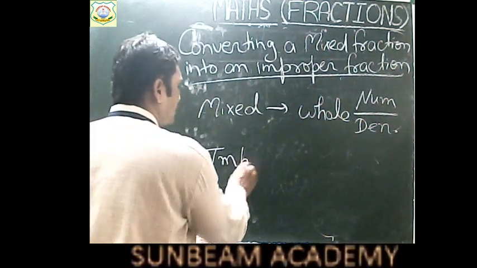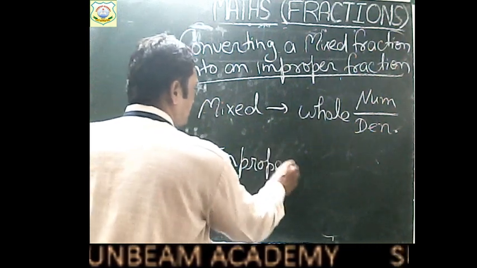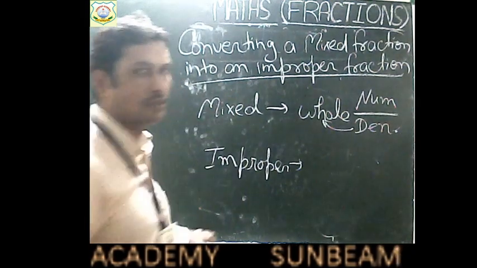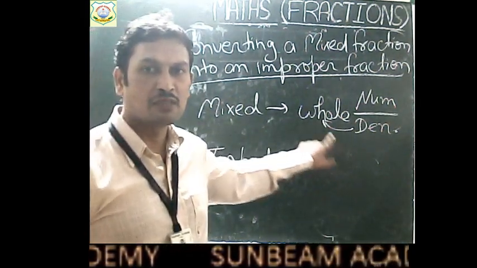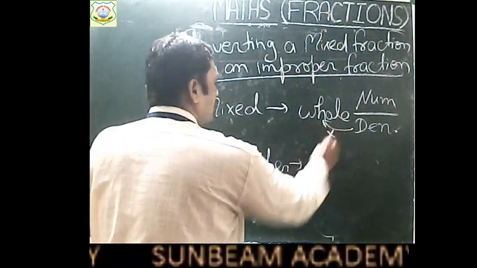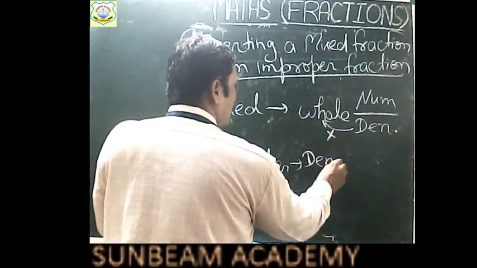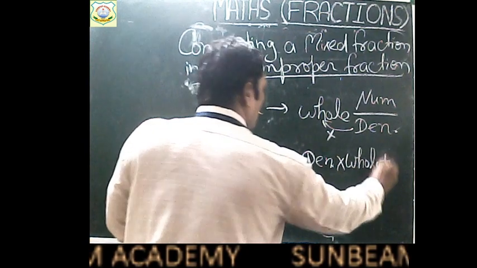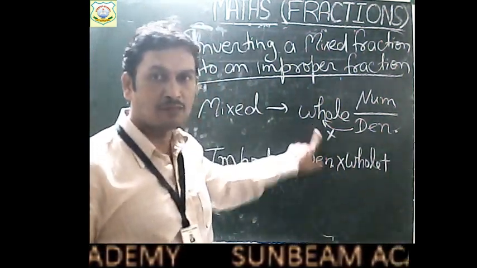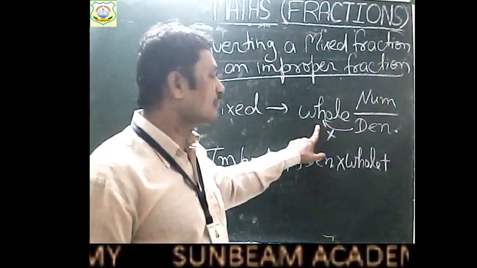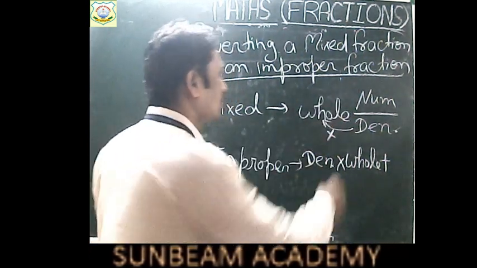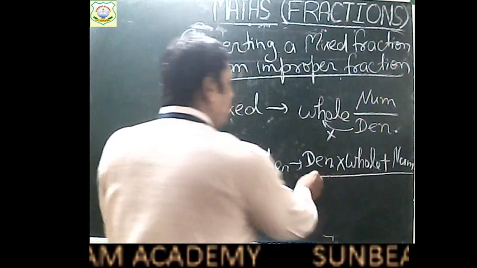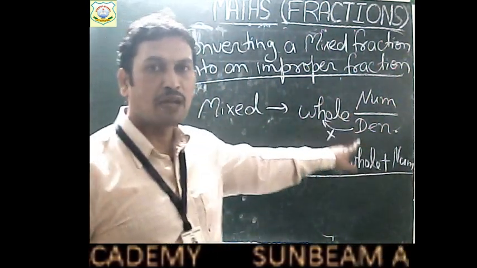In an improper fraction, firstly we will multiply the denominator with the whole number, okay, and after multiplying, find the product and add the product to the numerator. So plus numerator, and the whole is divided by the denominator.